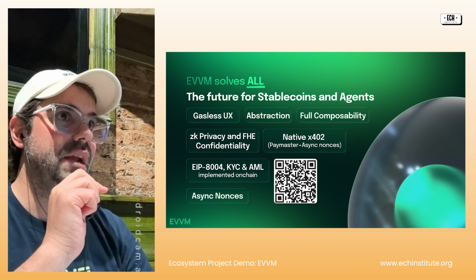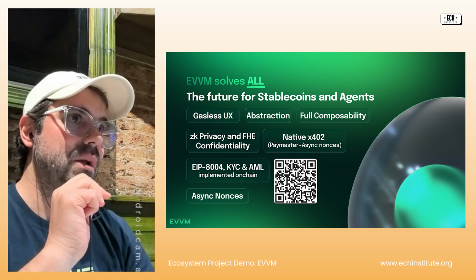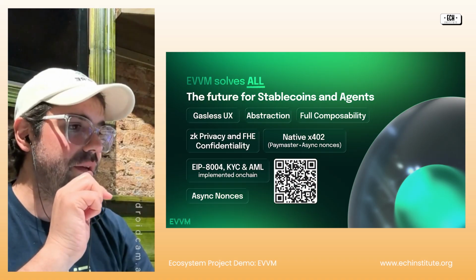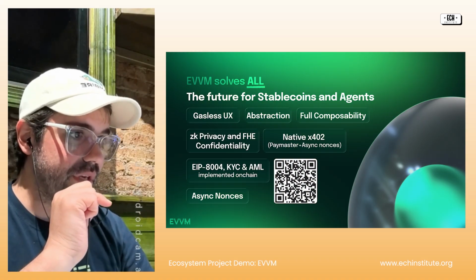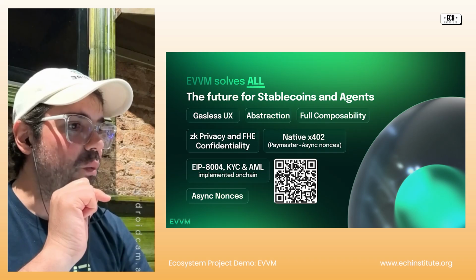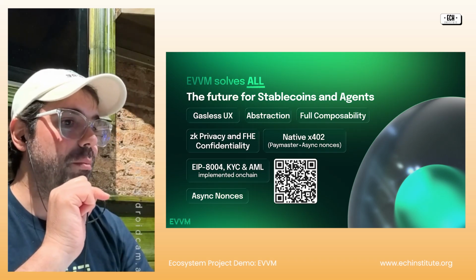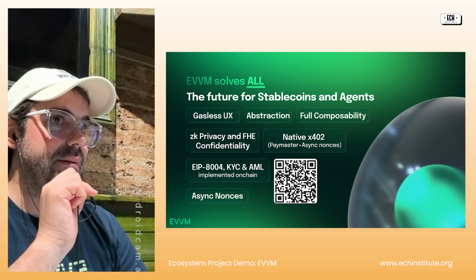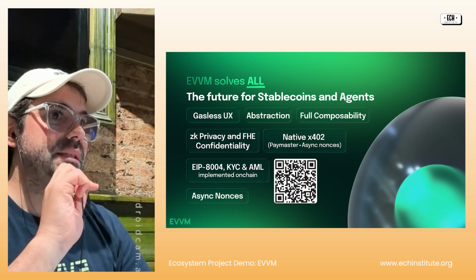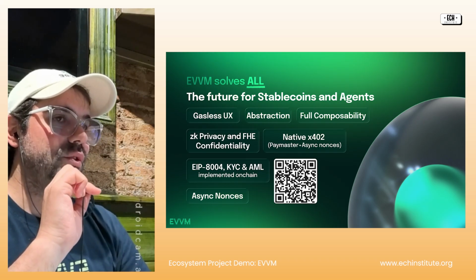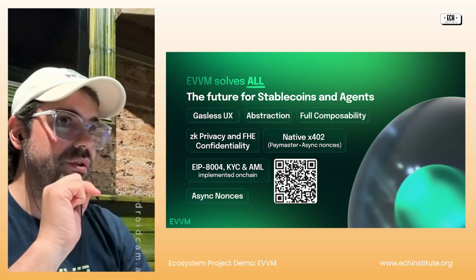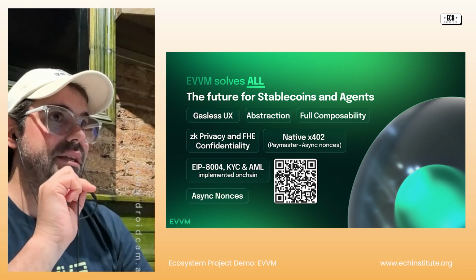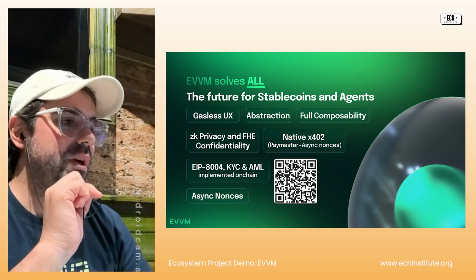It doesn't matter if they are using ZK, fully homomorphic encryption, a normal transaction, registering a name, or even the abstractor service, they can interact with the whole ecosystem doing composability. And there is where the full composability item comes in. This means that now, if you want to use typical account abstraction, you can make the call as you usually do from an externally owned account or through a sponsor.